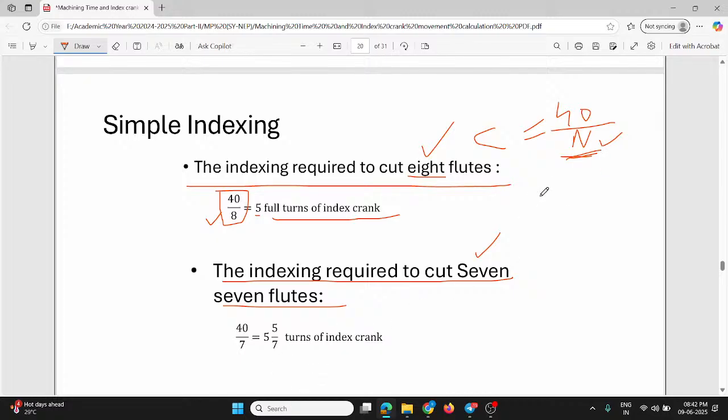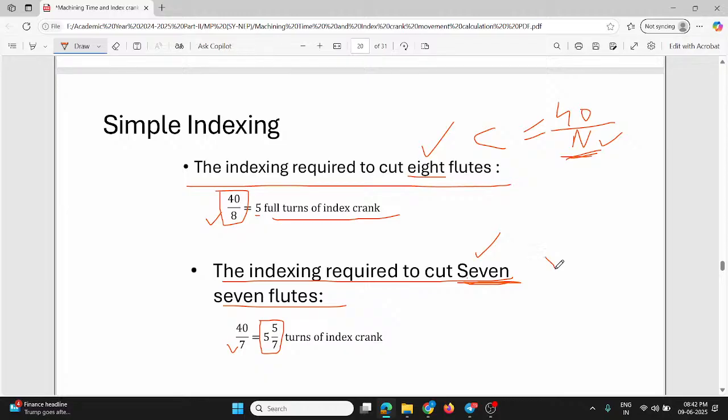So the same formula, 40 divided by n, where n equals 7. So 40 divided by 7 can be written as 5 and 5 by 7.